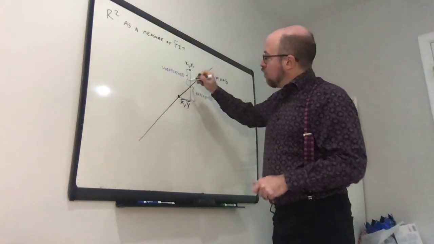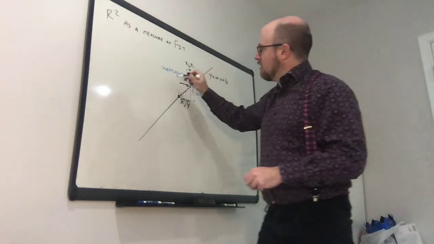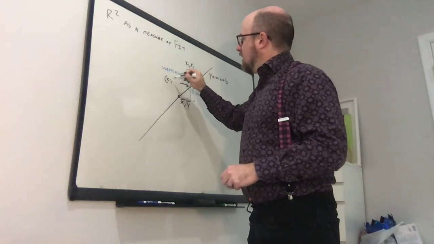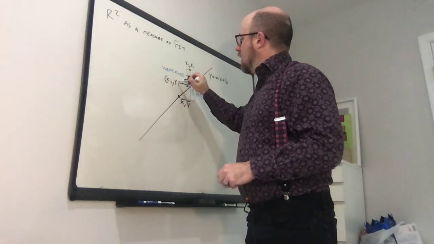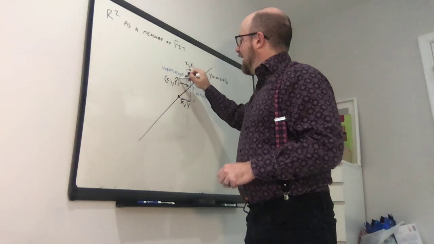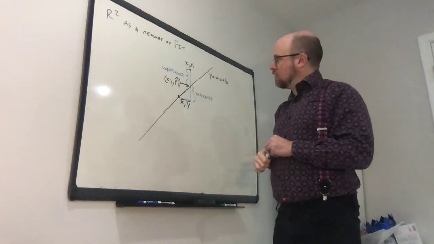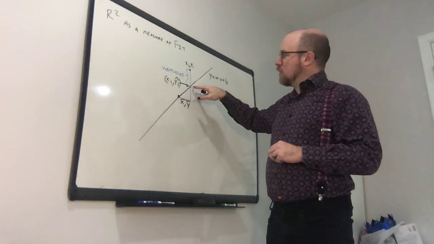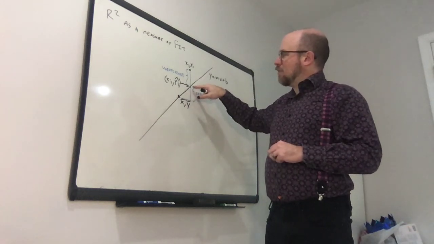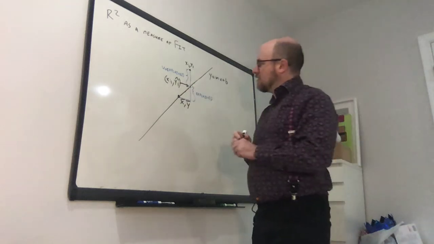We're going to call that point right there xi, comma, yi hat. Okay, so we put a little hat over the yi. So that point is called xi, yi hat, so that's the predicted value.